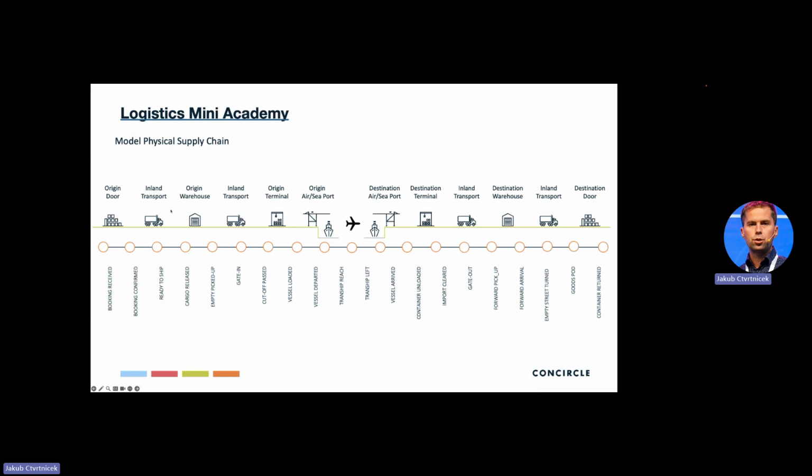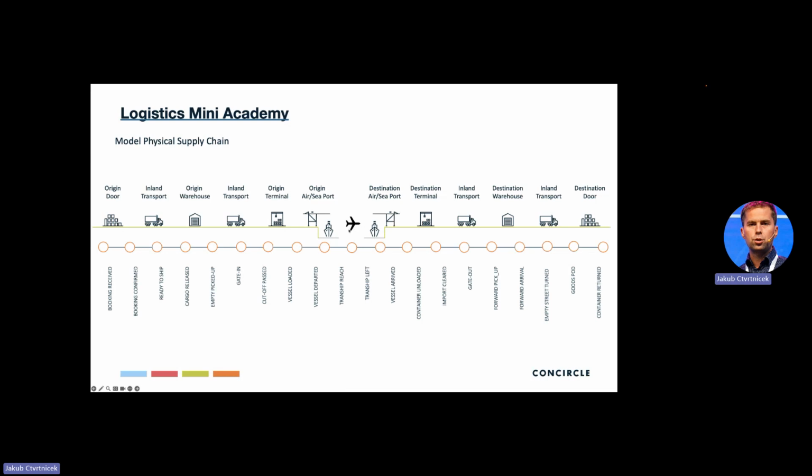We see here the first movement at the origin is, say, a pallet being finished in the production of our supplier, being transferred to the warehouse of our 3PL, what is called an origin operator, who creates an ocean container. This ocean container goes with another truck, a little different one though, into the terminal, and is handed over to a carrier who then transfers it over the ocean. For air it is a little different.